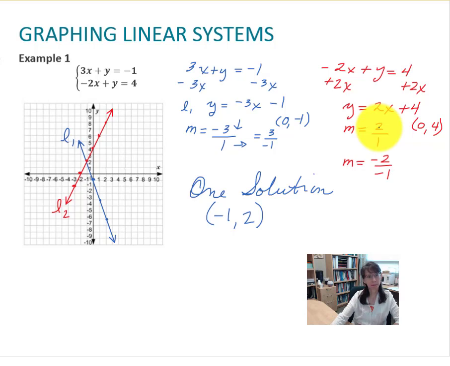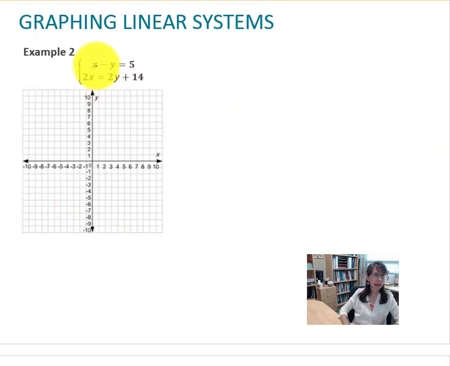Let's try another example. We have 2 more lines in our system, x minus y equals 5 for line 1, and 2x equals 2y plus 14 for line number 2. So we'll start with line 1, x minus y equals 5. We'll start by subtracting x, -y equals -x plus 5.